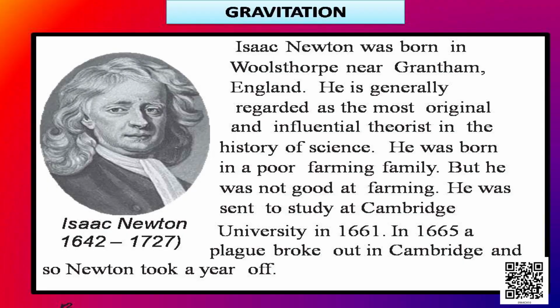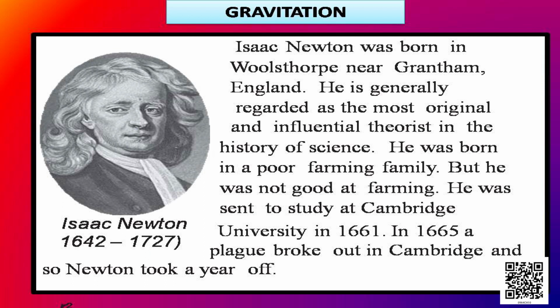So students, let me tell you something about Sir Isaac Newton. He was born in Woolsthorpe near Grantham, England. He is generally regarded as the most original and influential theorist in the history of science. He was born in a poor farming family, but he was not good at farming.